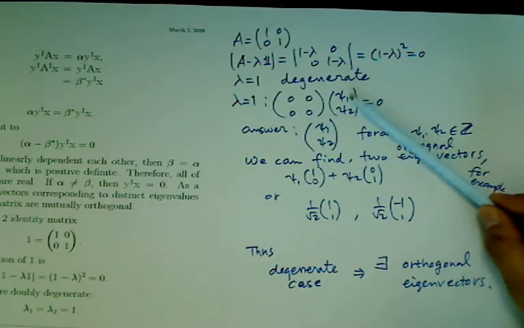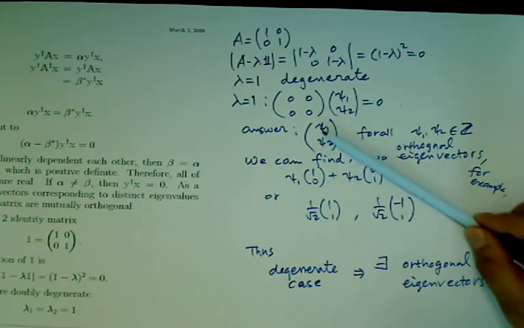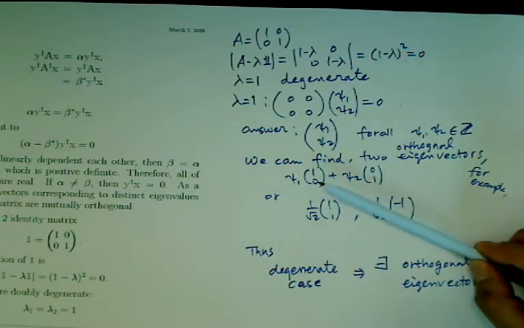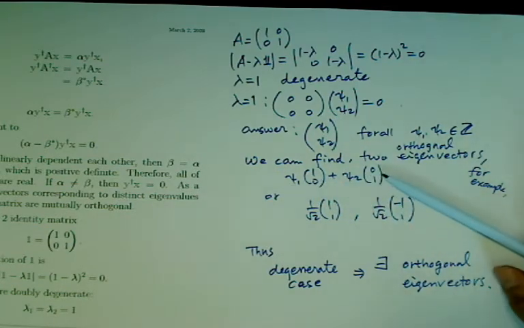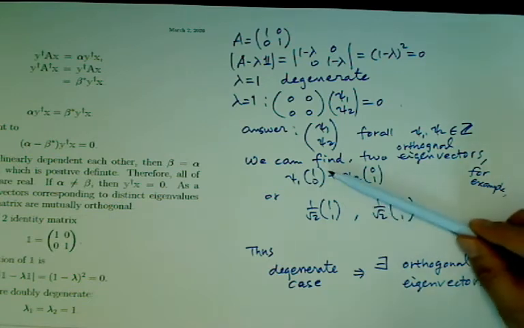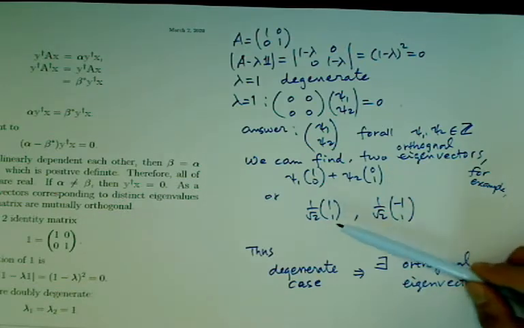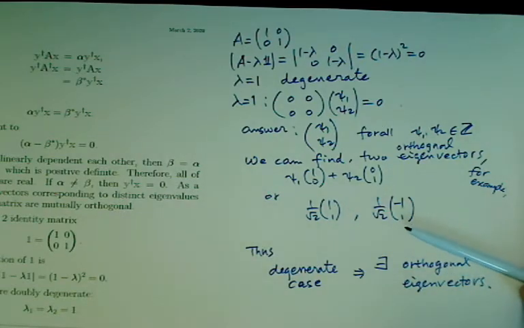Therefore, for this eigenvector, I have arbitrary values. It can be a linear combination of these two trivial vectors, (1, 0) and (0, 1), or this kind of representation is also possible. We are free to choose the basis.